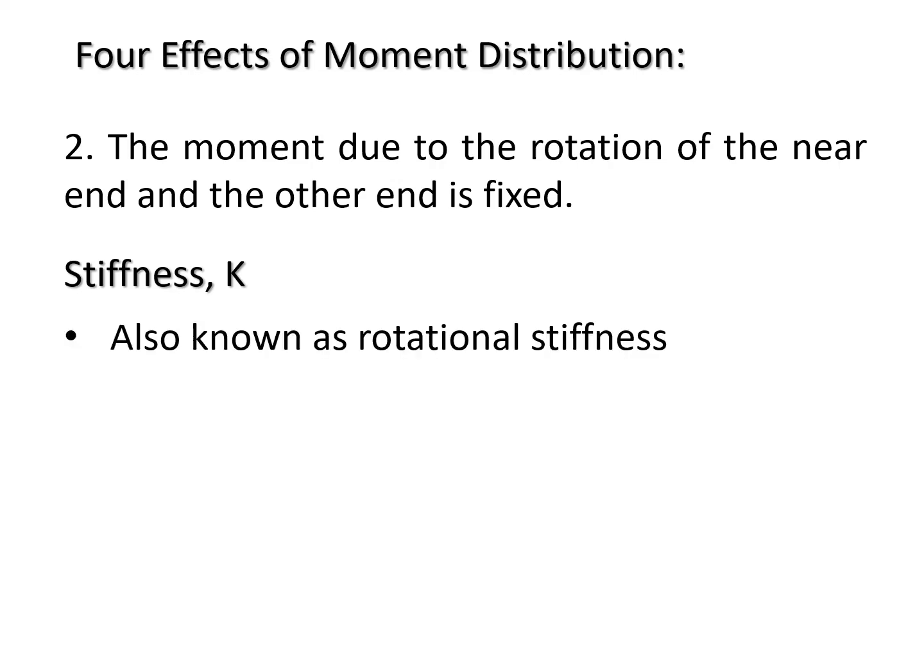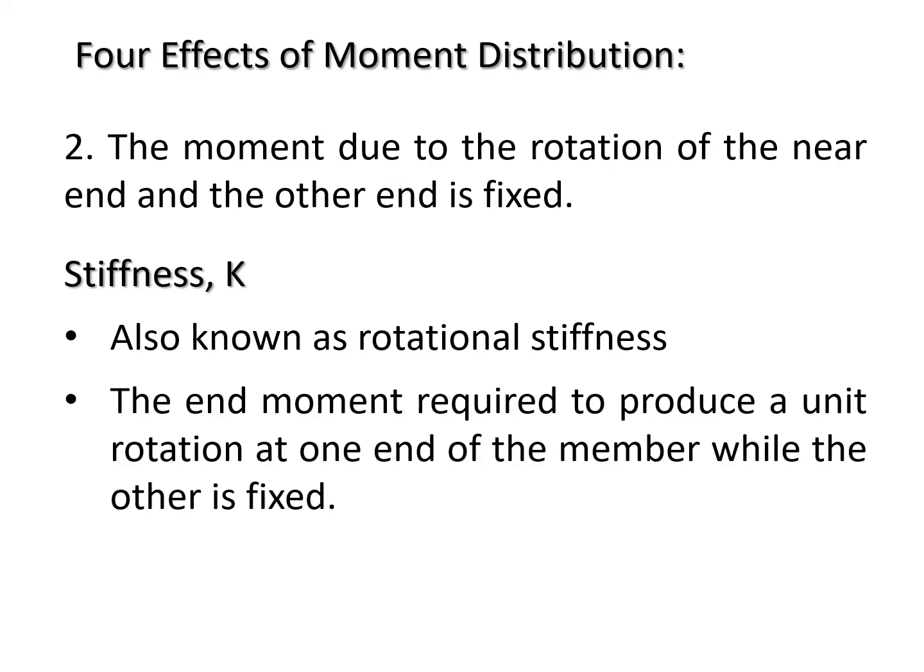K value is also known as the rotational stiffness, and the end moment required to produce a unit rotation at one end of the member while the other end is fixed is I over L. So to compute K of a certain segment, we get it from the I of the segment over the length of the segment.